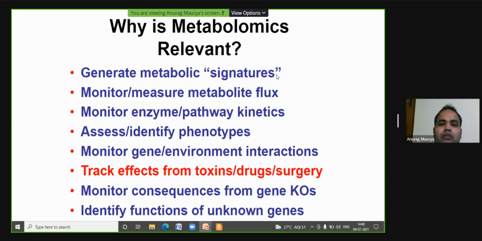Many times you might be required to go for a cleanup procedure and two or more stages of column chromatography, and only thereafter would you be able to identify it. But here, even without separating, you just take the crude extract or the body fluid and put it into a machine, maybe LCMS, and you will get the result. You will get the profile, and it can quantify simultaneously along with the identification.